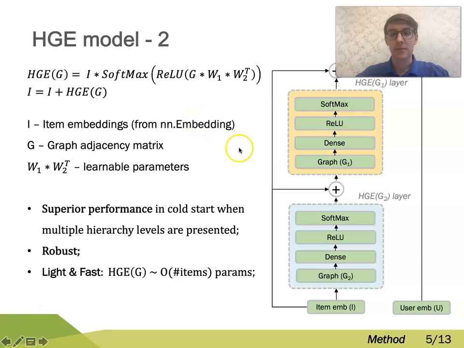So generally, the graph embedding layer consists of the graph adjacency matrix multiplied by two learnable parameter matrices with ReLU, and then we apply softmax and a residual connection. So this architecture is pretty simple, however, it is very fast, yields superior performance, and is very robust. And we will show later why.